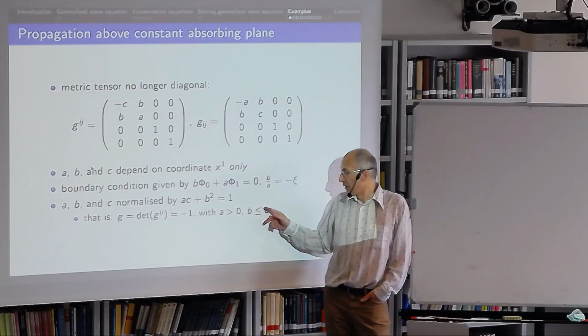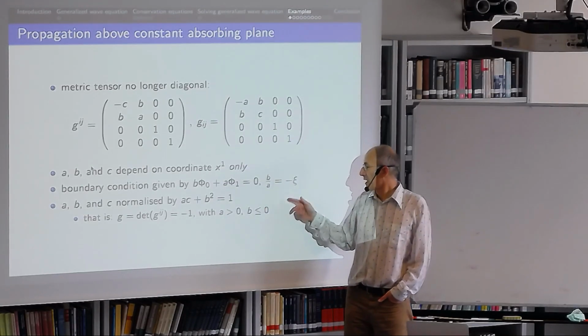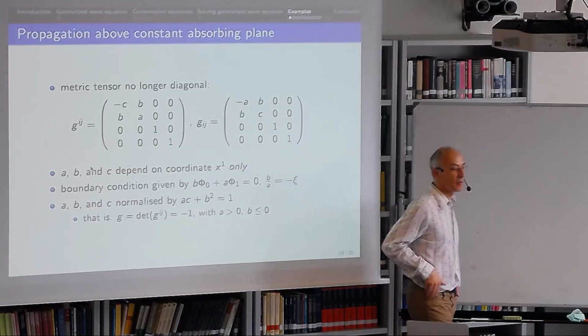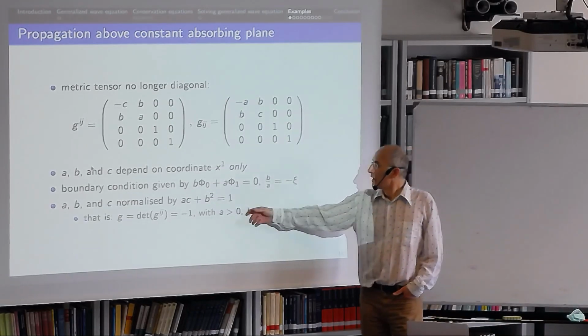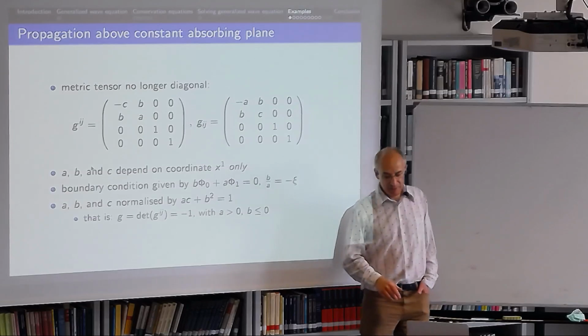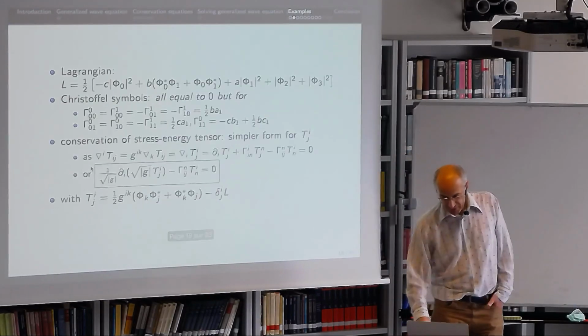So in order to be able to write it as xi here, B must be negative if xi is positive. Usually xi has to be positive, so the most general way to account for absorption is to say that B is negative. It will have some implication later on.